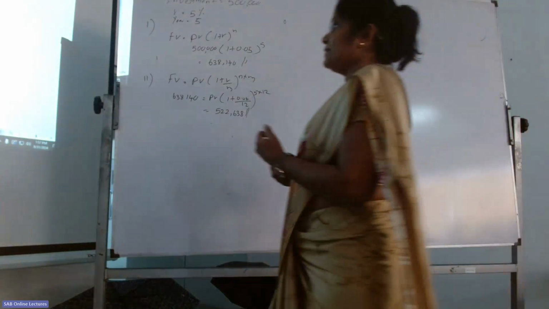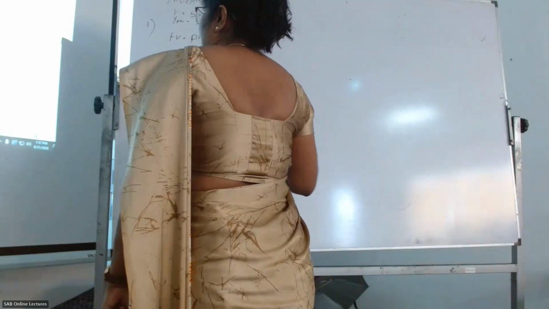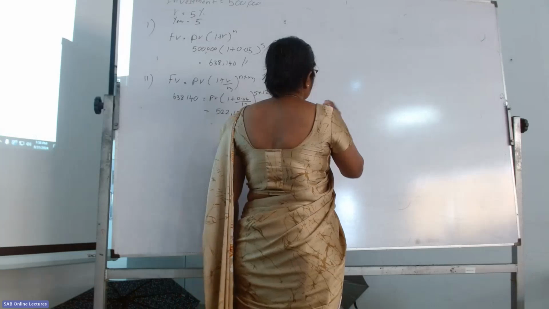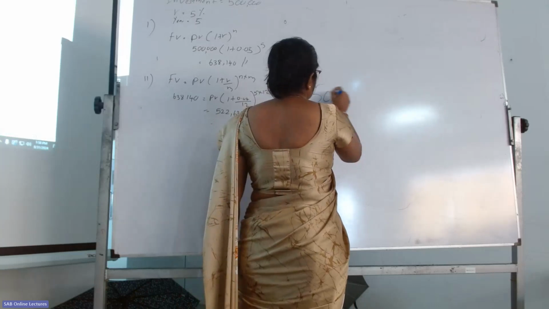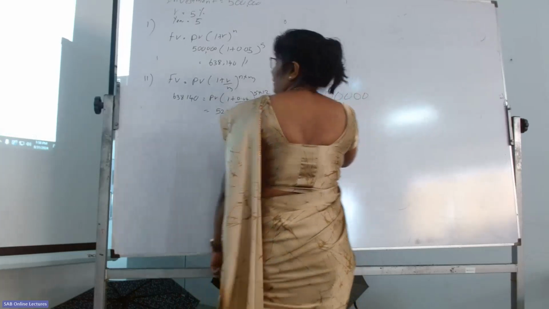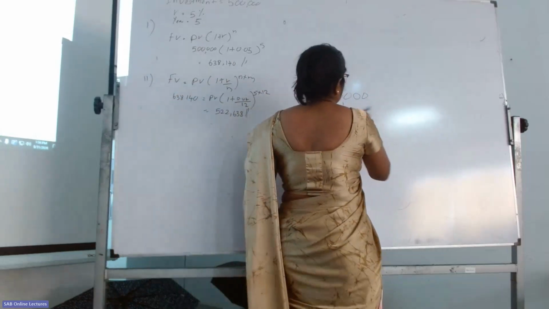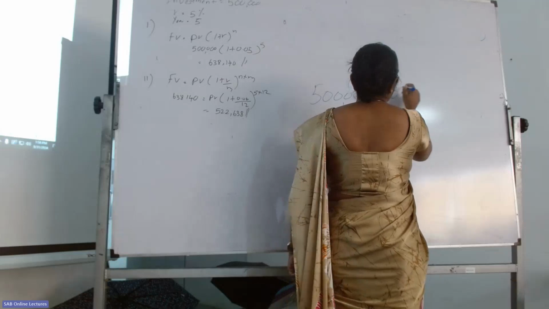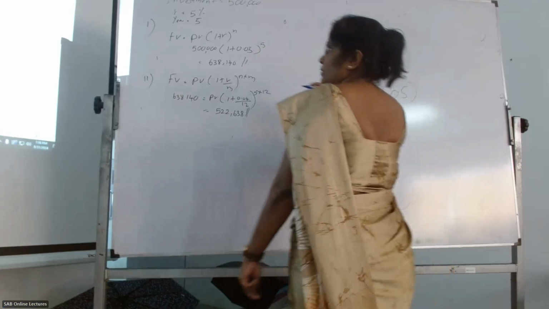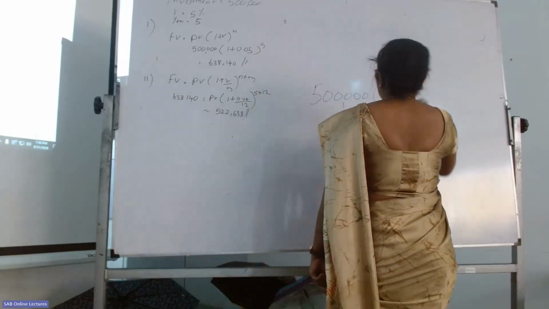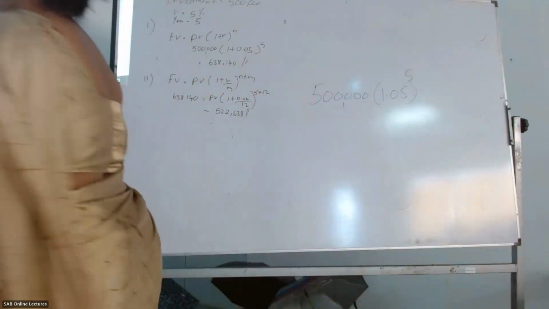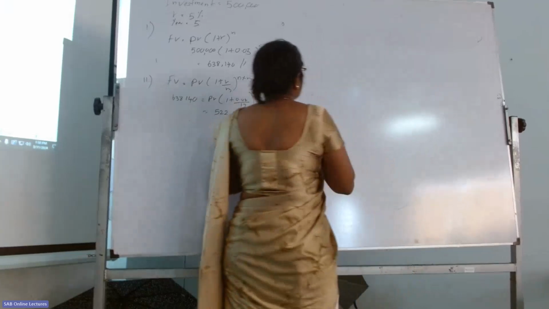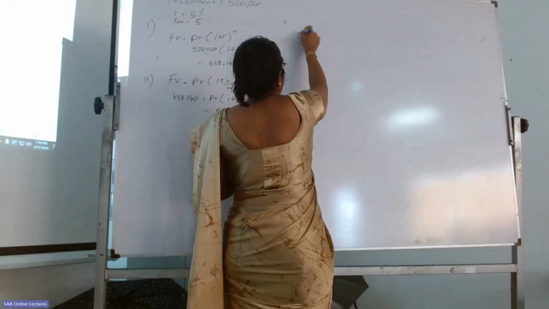Now here, GF Finance offers 5% annually. So you can write 500,000 deposited at the annual rate for GF of 5%, so 1.05 to the power 5 years. This is the rate offered by GF Finance.